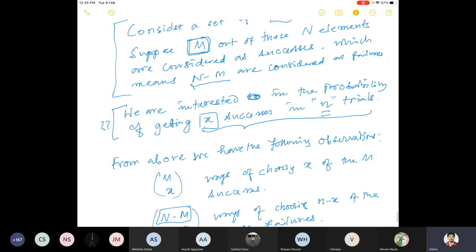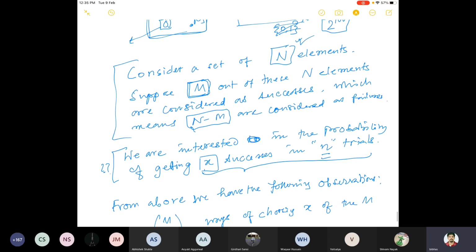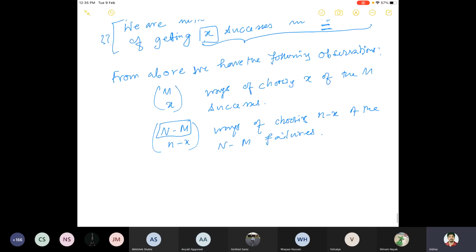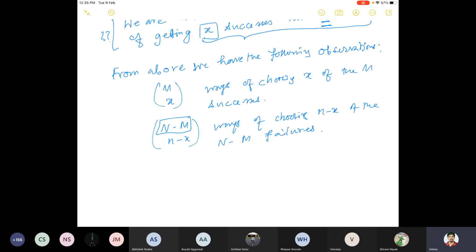This is N minus M, because I had N elements, M of them are successes, so N minus M are of course failures. Now, when I have small n minus X failures, those failures should come from N minus M. Yes, sir, I got mistaken between the m's. Okay, so this is the number of ways of choosing n minus X of the N minus M failures.